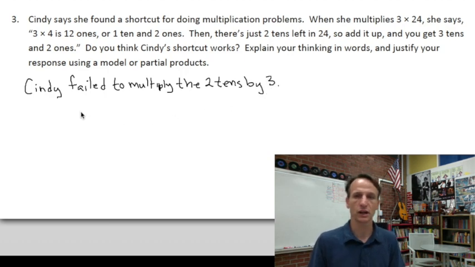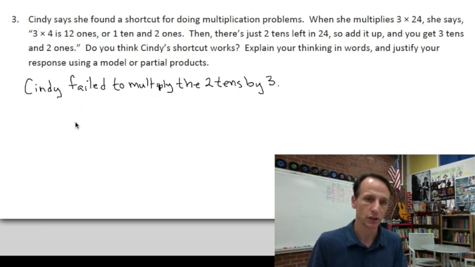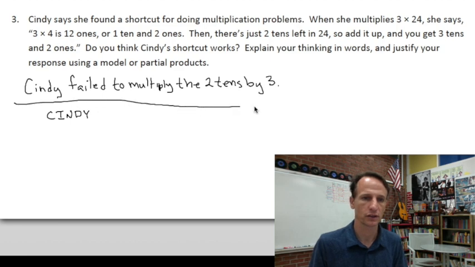And we could actually, to justify it using a model, we could actually do 2 models. We could do the Cindy model, the utter failure. And then we could do the correct model.